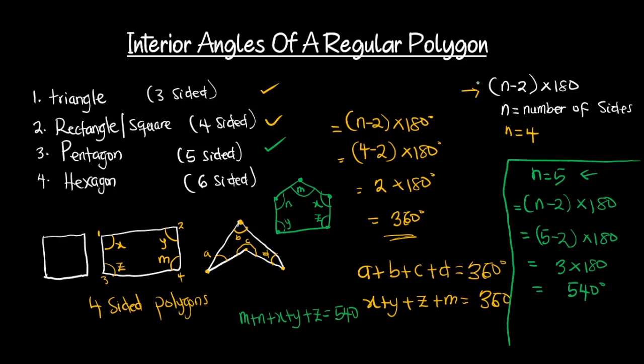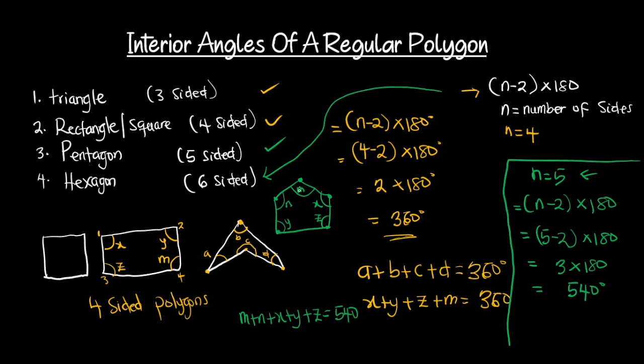Okay, so using the same formula, n minus 2 multiplied by 180, try your hands on the last polygon and see the answer that you will get, which is the hexagon over here. Okay, so you can do the exact same thing using the exact same formula for heptagon, octagon, nonagon, or decagon. What it means is that when you are given a regular polygon and you have to find a particular angle, first of all, try to know the number of vertices or the sides that the polygon has.